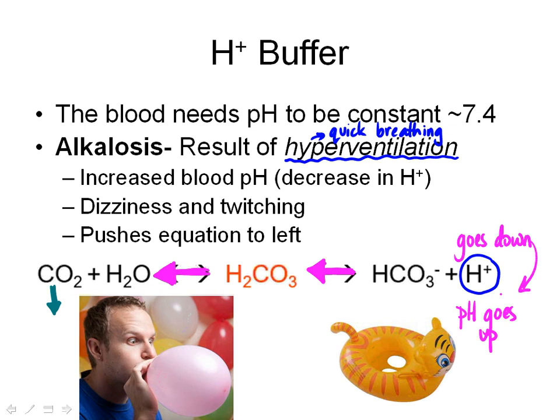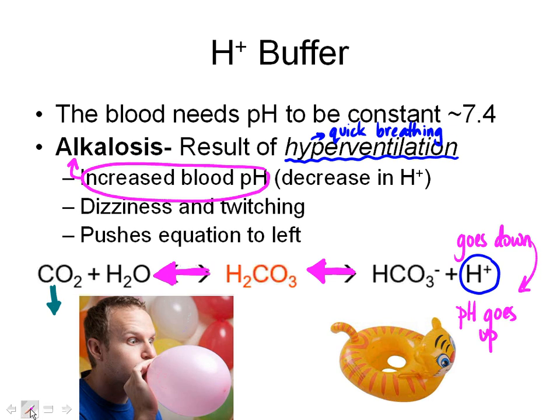When the pH goes up, increased blood pH, that's called alkaline, when things become more basic. So this is a biological instance called alkalosis. I would imagine that you have experienced this if you try to blow up or inflate something too quickly.